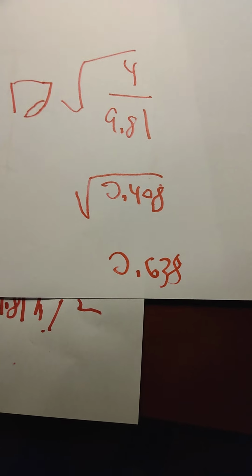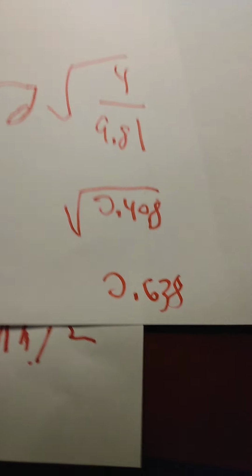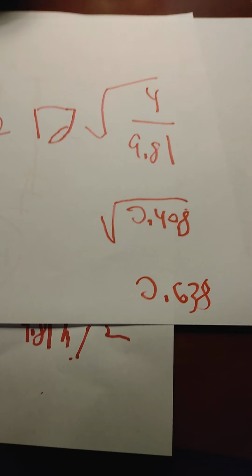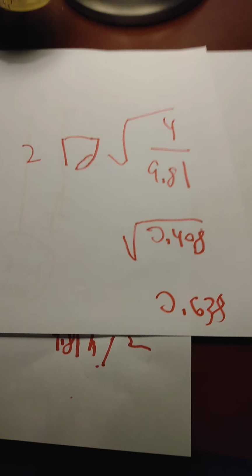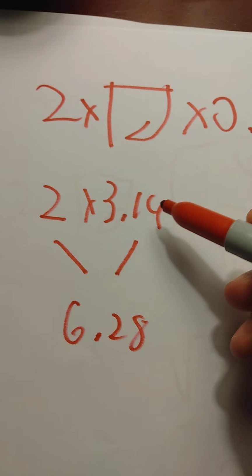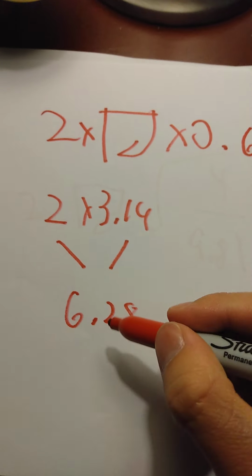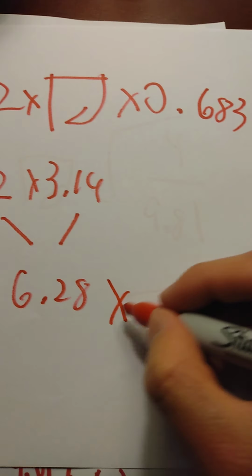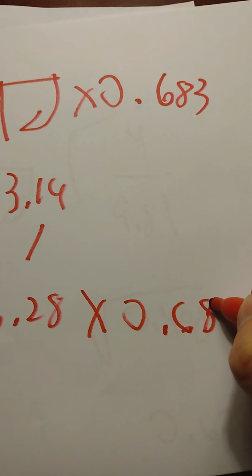So on another piece of paper, we do the multiplying. We do 2 times pi, which is 2 times 3.14. Then we get 6.28. But then we have to multiply it by 0.683.